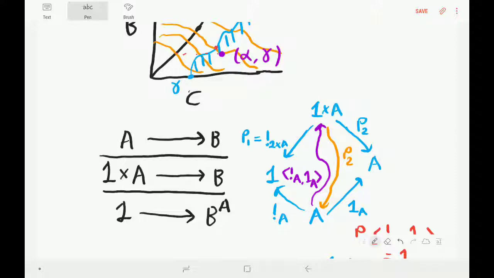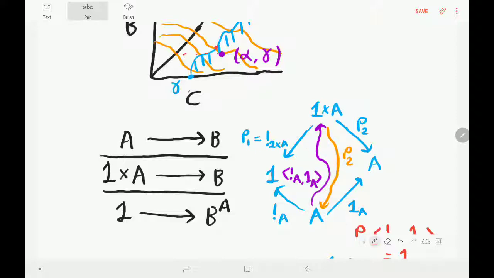So here we have the product, and we can think of a as a candidate here. This candidate a has these arrows, exclamation mark a and identity 1a. And so it has this unique intermediary arrow in purple here, which we can call exclamation mark a, comma 1a. And that's actually going to be an isomorphism.